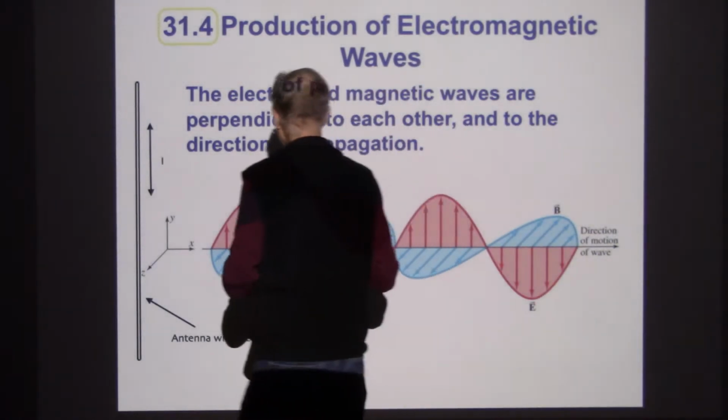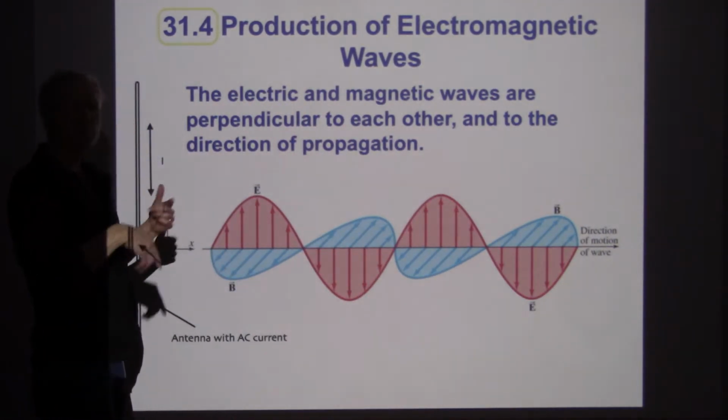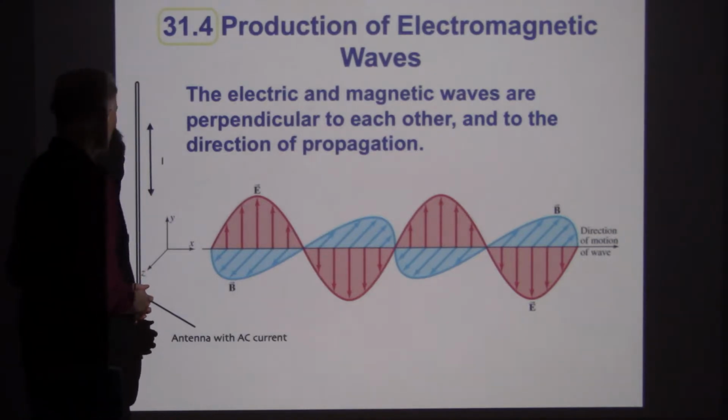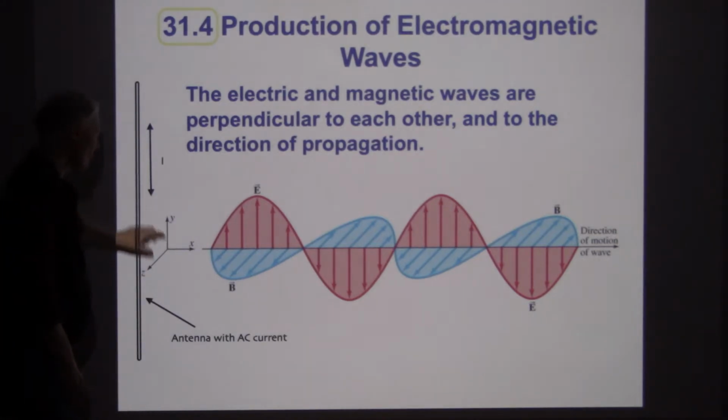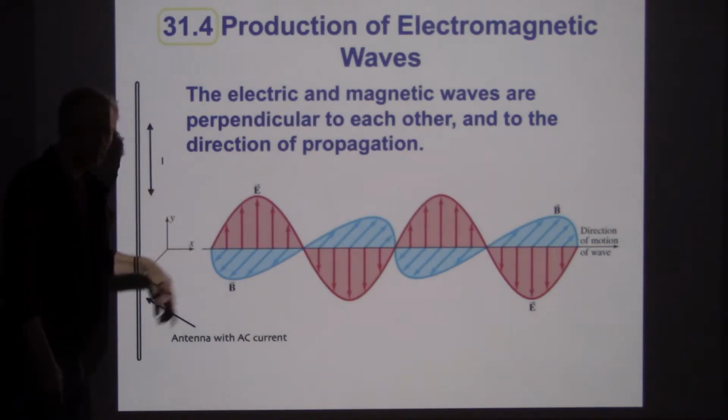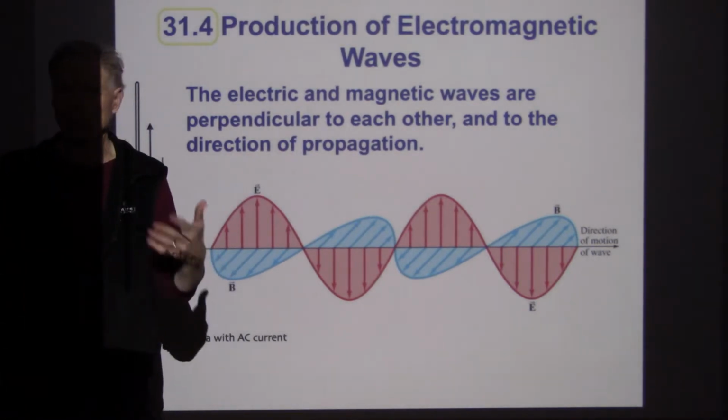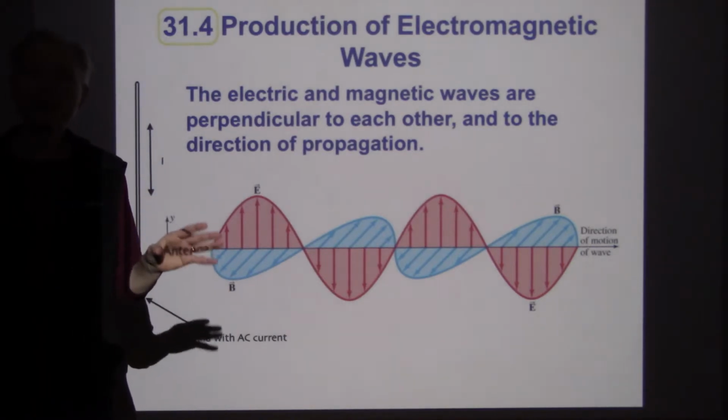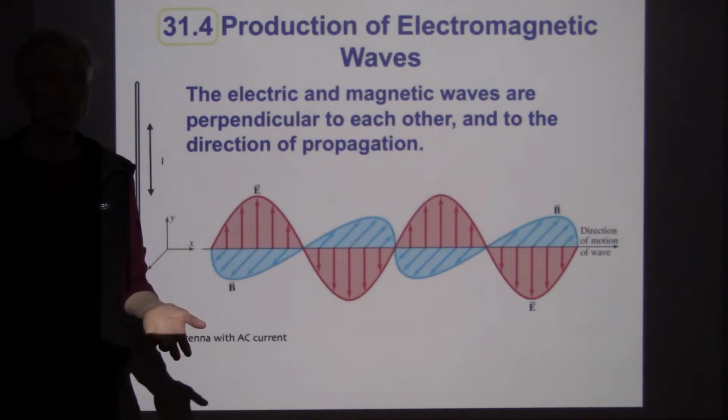So this picture really fits in best with an antenna. So I'm going to put an antenna in here and say, here is my antenna. It's broadcasting a signal. It's broadcasting a radio signal. That radio signal consists of a lot of photons.